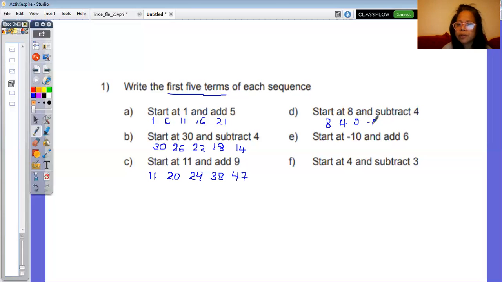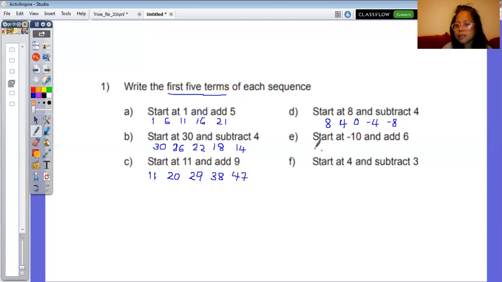So remember, you're starting from 0 and you're moving to the left. So from 0 you go down to minus 4. Same thing, minus 4, subtract 4, move to the left 4 units so that you will end up at minus 8. So you need to think of your number line.